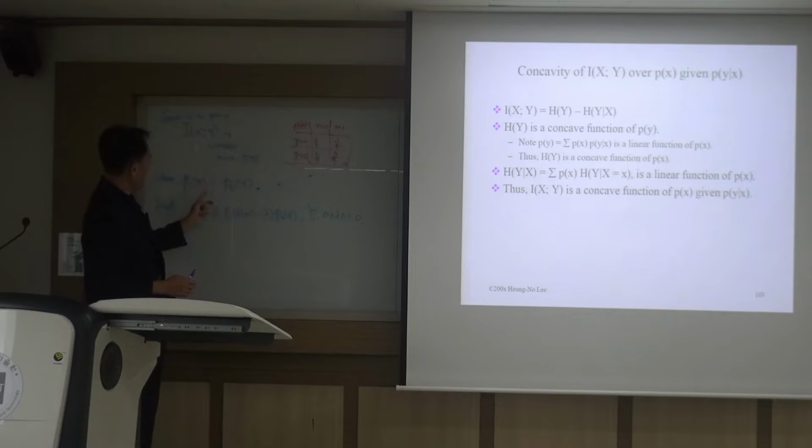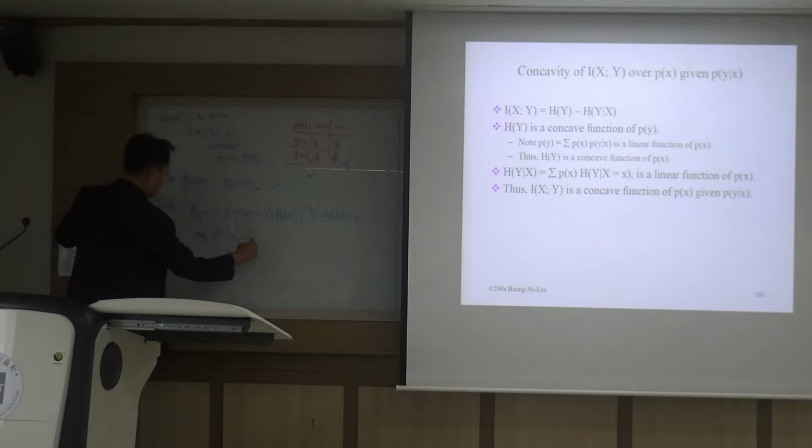And the only part that I am allowed to vary is P1 and P2, the input distribution P of x. So average of function is greater than or equal to function of average. I should remember this, right?